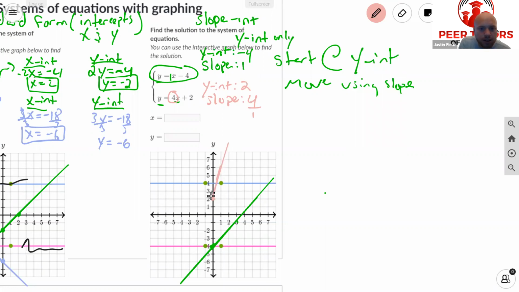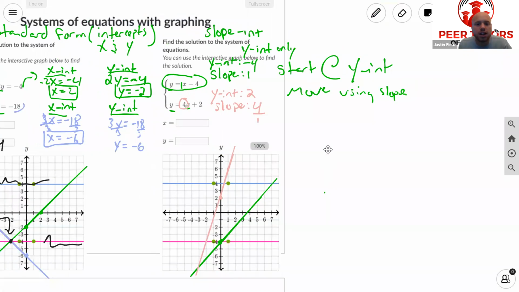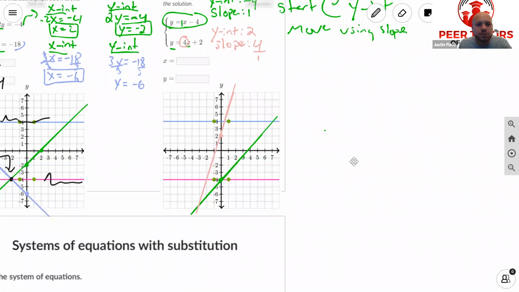All right. Now, I'm going to have to be more precise than that because it looks like the solution is all the way down there. So where are these lines intersecting? Looks like maybe I didn't draw the best lines, but maybe they intersected at -7, -3.